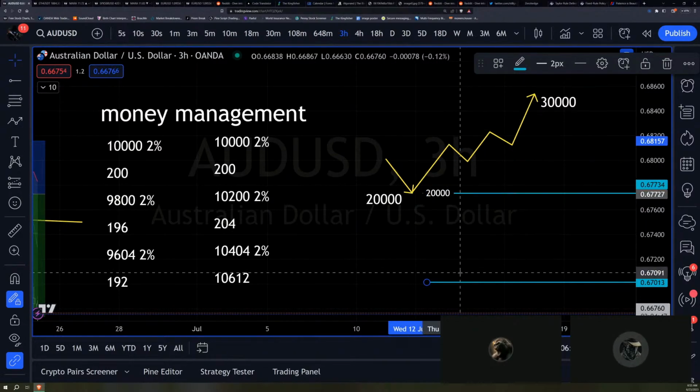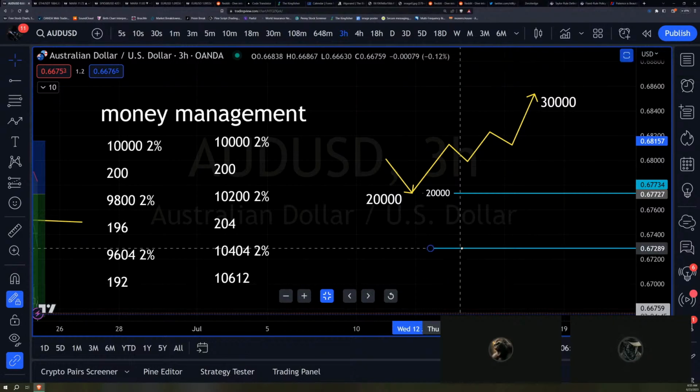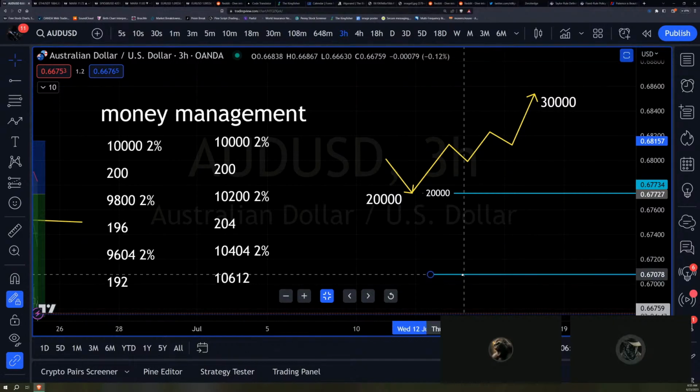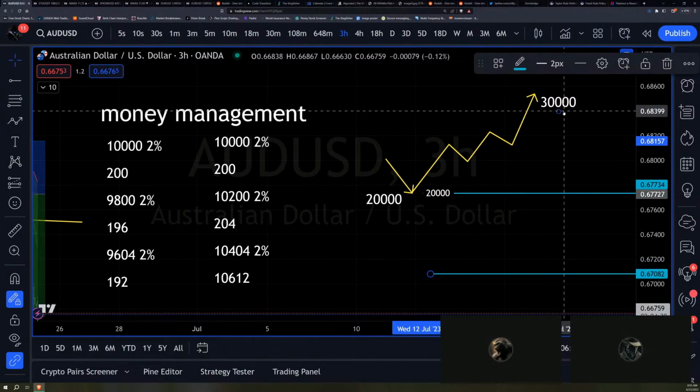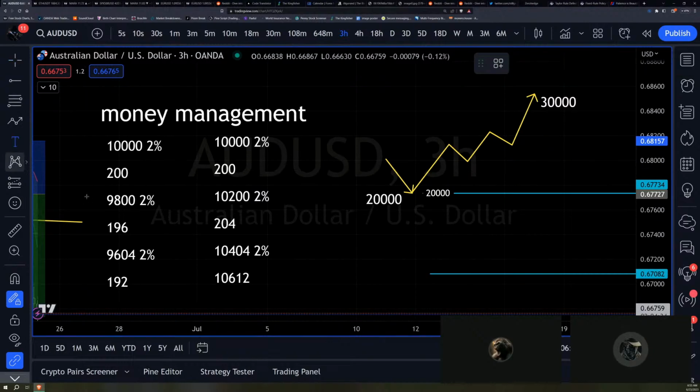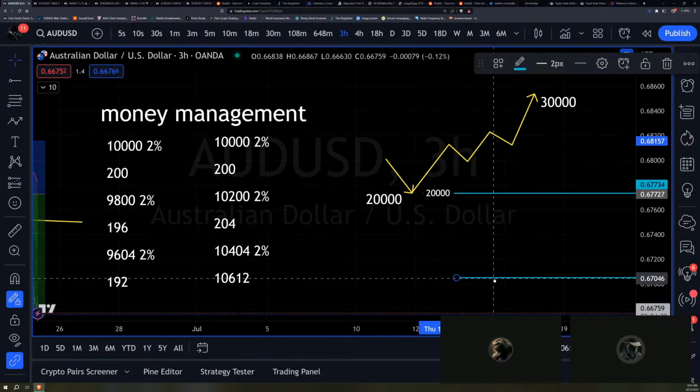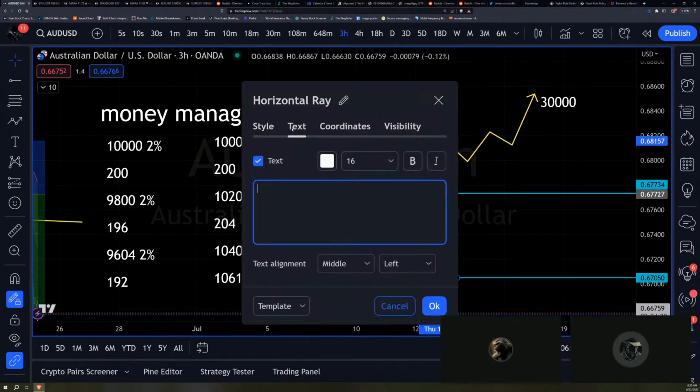And then if price goes down to 10,000, then you're going to be losing $10,000. Price goes up to 30,000, you're going to make $10,000. Okay, so in this particular case that would be a 1-to-1 risk to reward ratio, because you are actually going to lose the same amount of money that you would win, right?